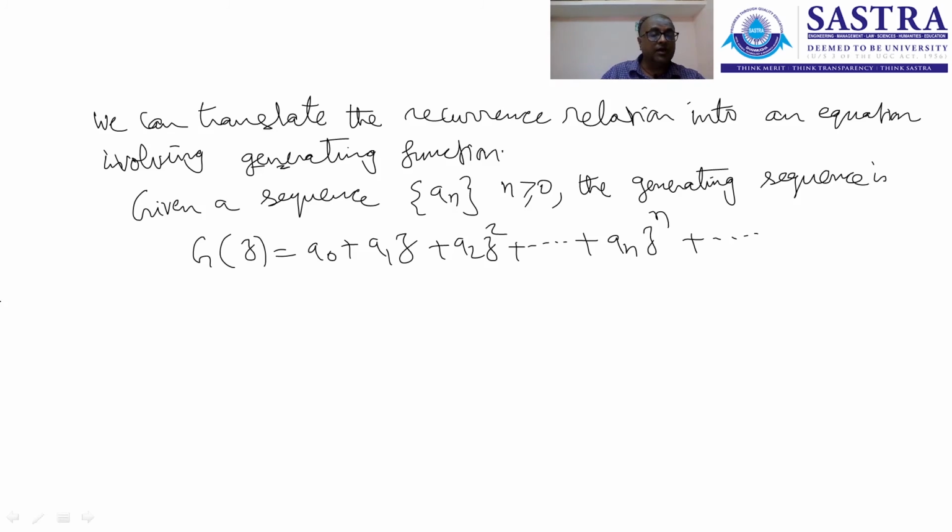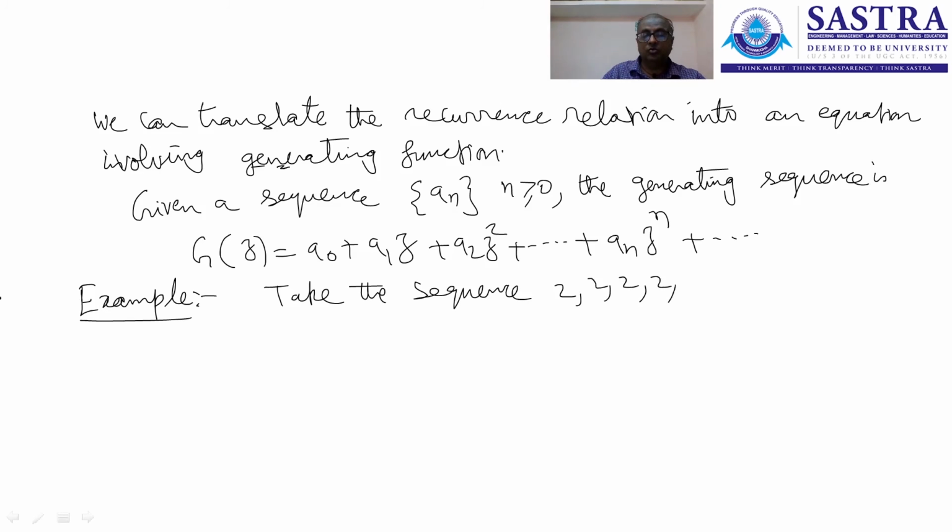Now I associate this with the sequence. So let me give you a simpler example here. I take the sequence 2, 2, 2, 2, and so on, a sequence in which every term is 2.